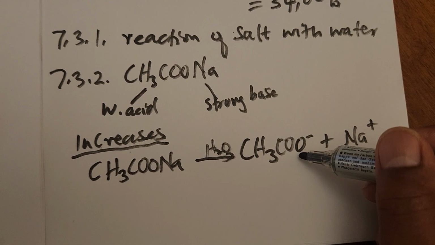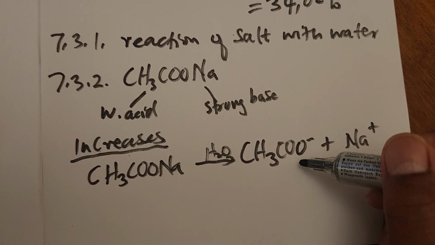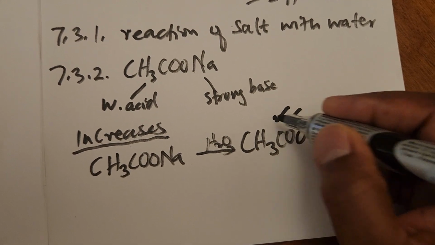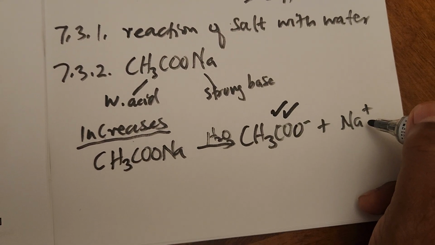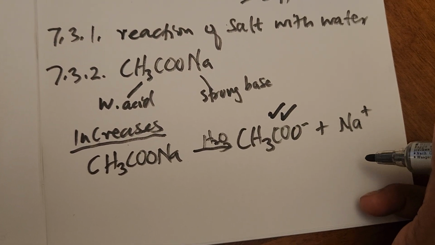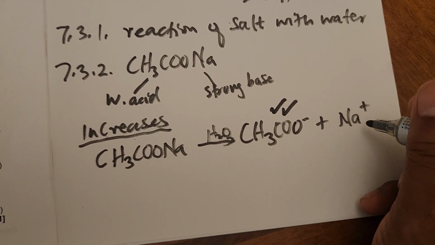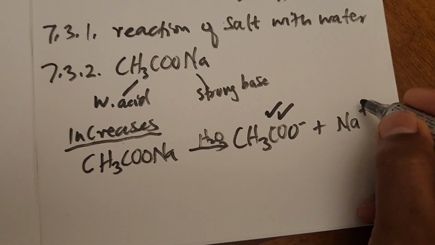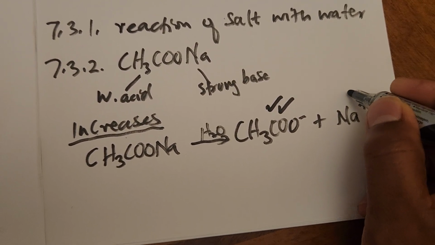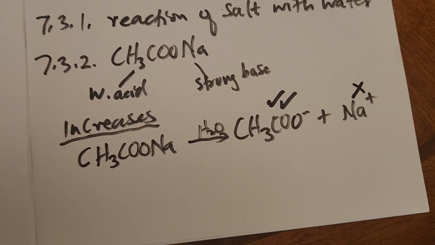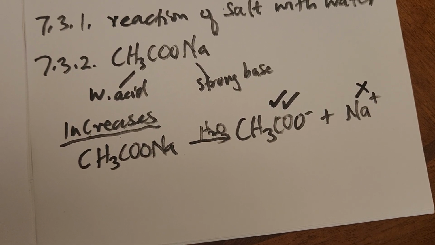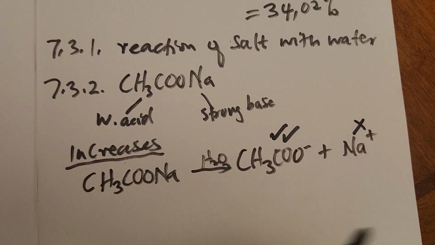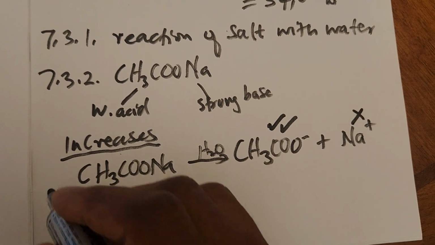This one is a conjugate base of a weak acid, so it is strong, therefore it will undergo hydrolysis, whereas this one is the conjugate ion of a strong base, therefore it will be weak. Therefore, no hydrolysis, because only ions coming from a weak acid or weak base undergo hydrolysis. That's the simplest way.